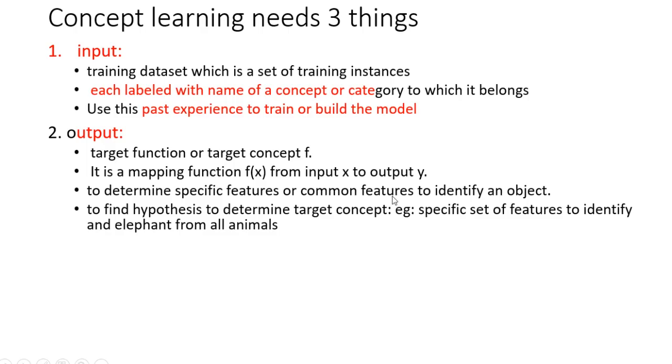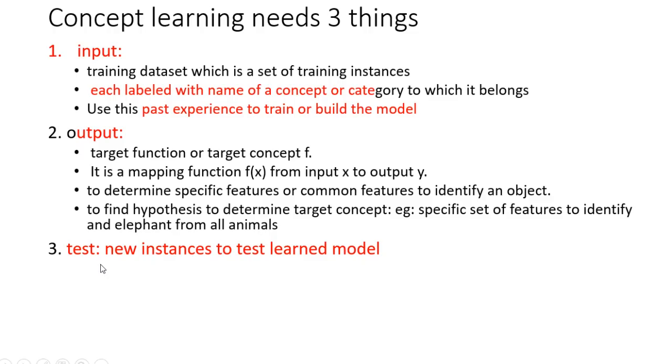Let's say what are the common features of an apple. So that is going to be there in the target concept f. So basically the goal is to find a hypothesis to determine the target concept. Example, what are the specific set of features to identify an elephant from all the other elements? So this hypothesis would be nothing but your target concept f.